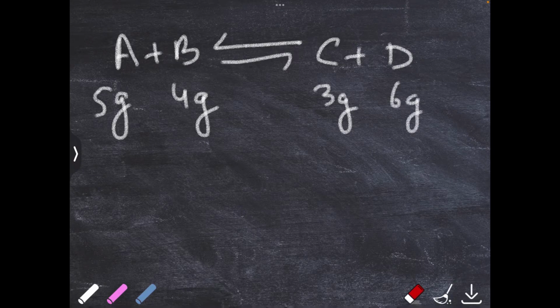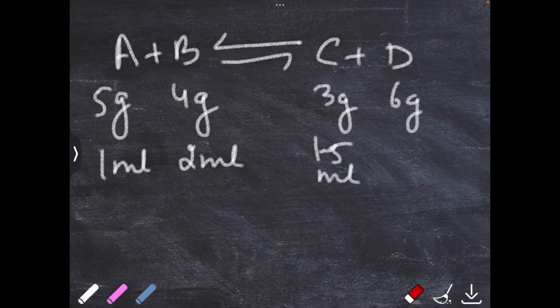Or supposing they are liquids, the volume of this is 1 ml, this is 2 ml, this is 1.5 ml, and this is 1.5 ml again, then this volume will become constant. So the physical parameters like concentration, volume, amount become constant once the equilibrium has arrived.